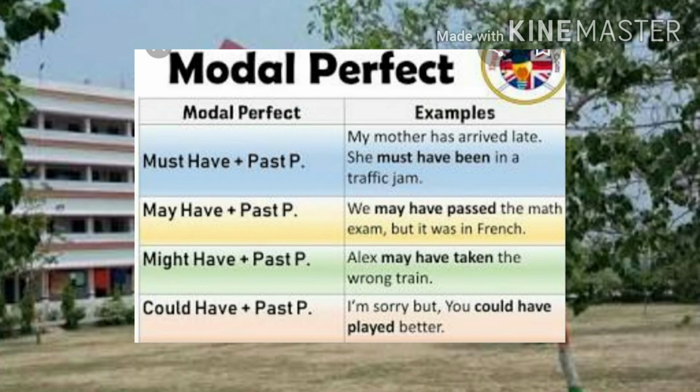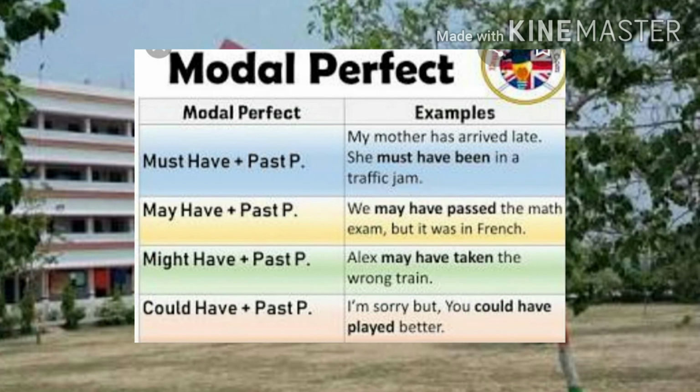She must have been in the traffic. We may have passed the maths, but it was in French. Alex may have taken the wrong train. Okay, all these are examples of perfect tense.